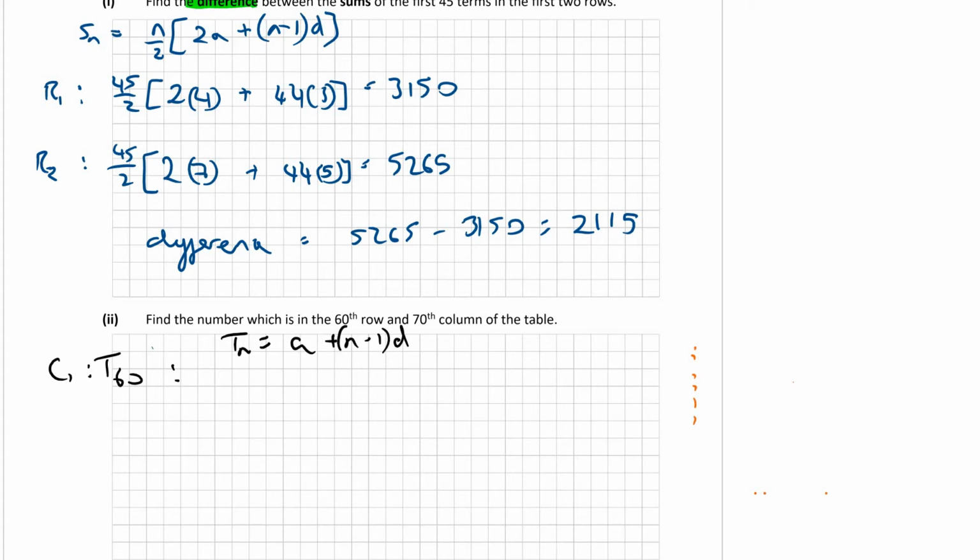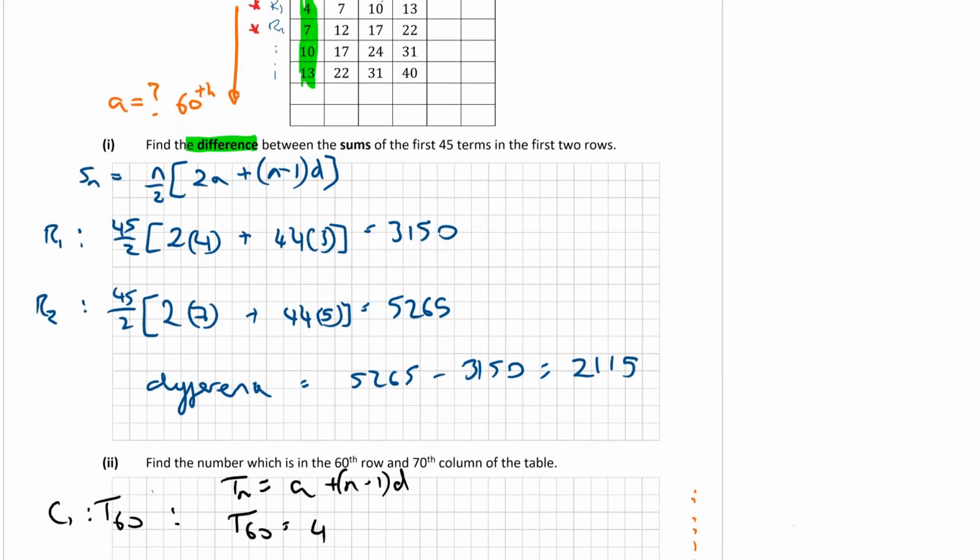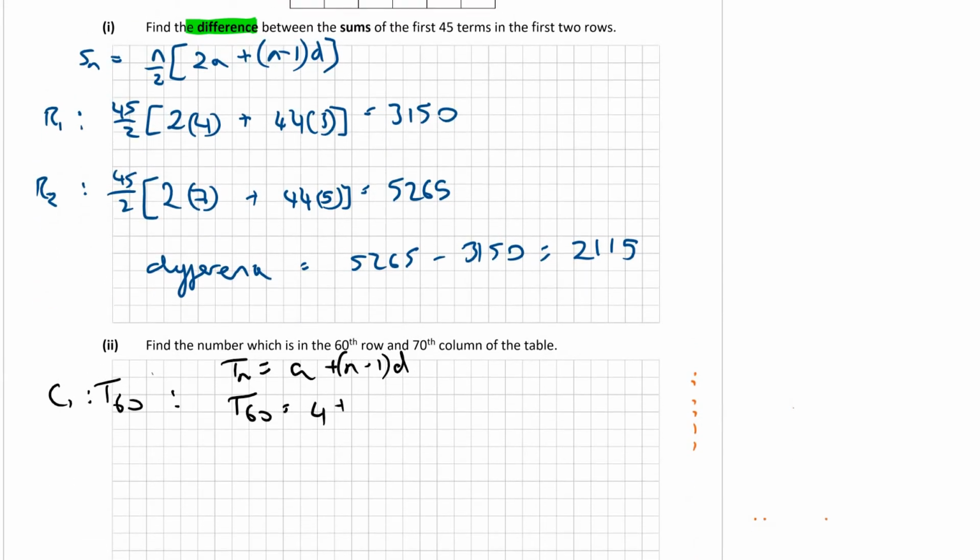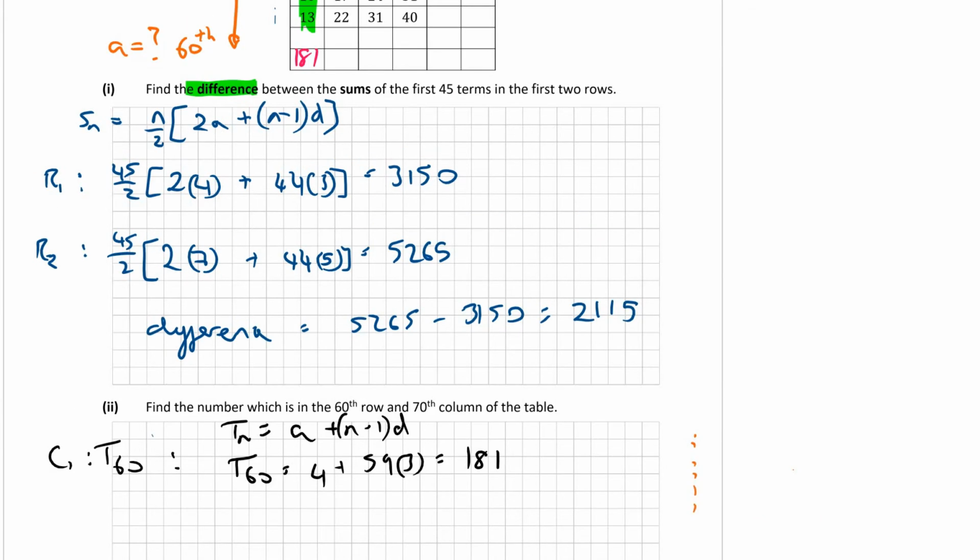So T60 equals 4 plus 59 times 3. That is equal to 181. So if that's my 60th row, that term there is 181.